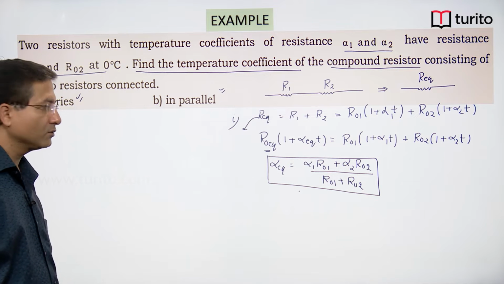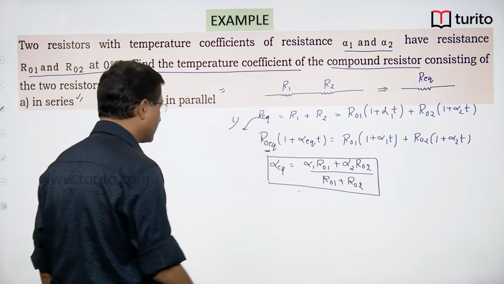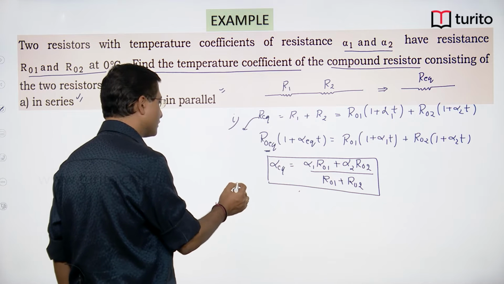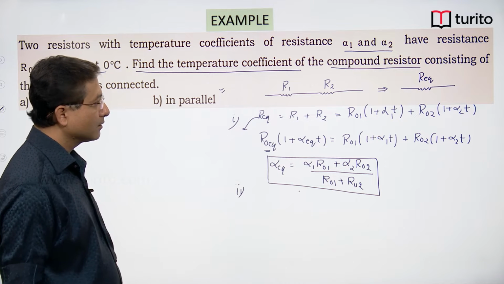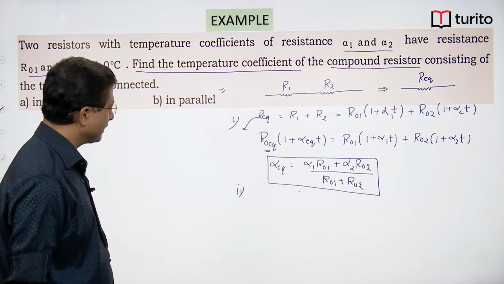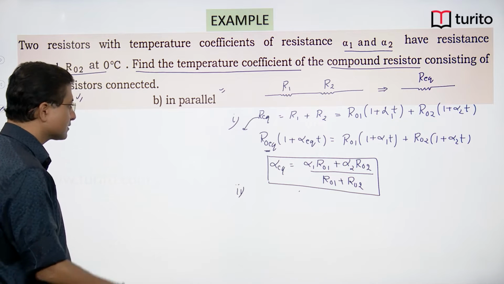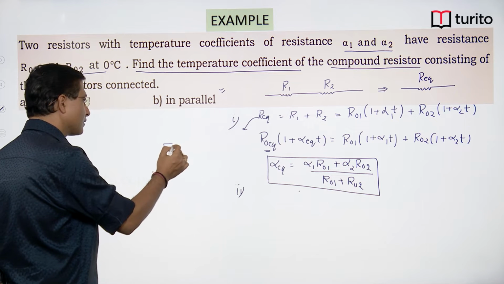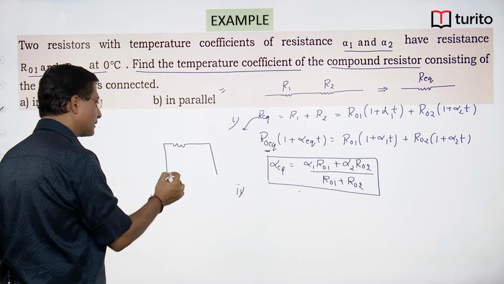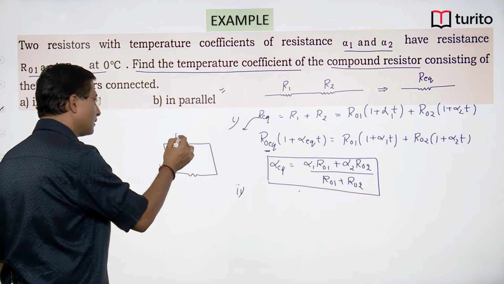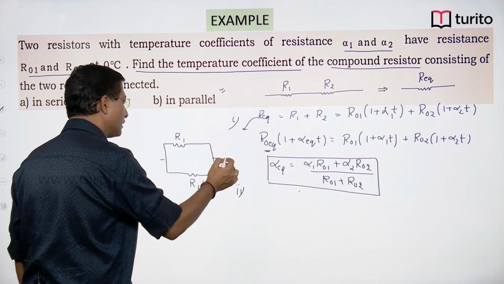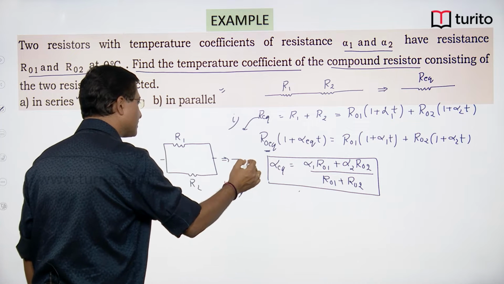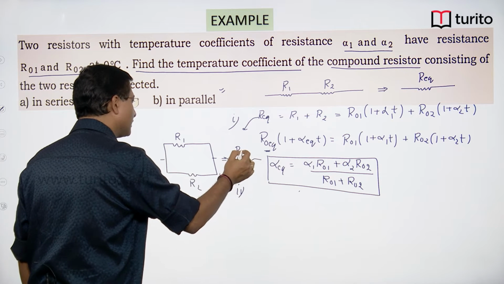Same procedure I can use for parallel combination. Look at this one. For parallel combination, the formula is 1 upon R1 plus 1 upon R2. So, parallel combination will be something like this, two resistors connected in parallel, R1, R2, and I want to replace them by a single resistor, that is R equivalent.